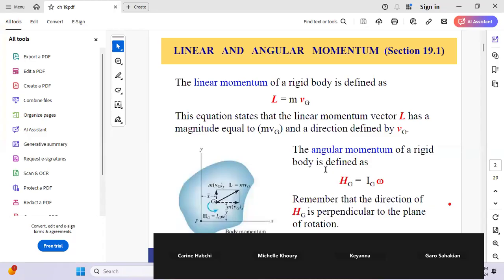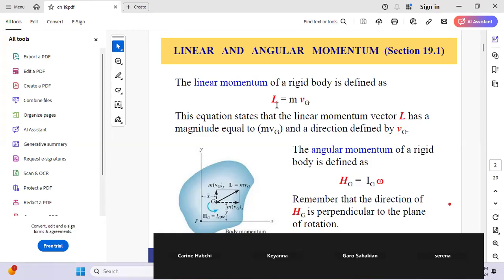To start with, we know that the linear momentum of a rigid body is defined as L equals m vg. When we considered a particle, the difference is that for a particle we just have one point, so the linear momentum is mass times velocity vector. What is new is that for the rigid body you have an infinity of points, which you can represent by G, the center of mass.